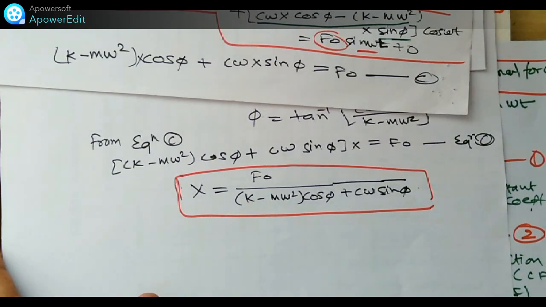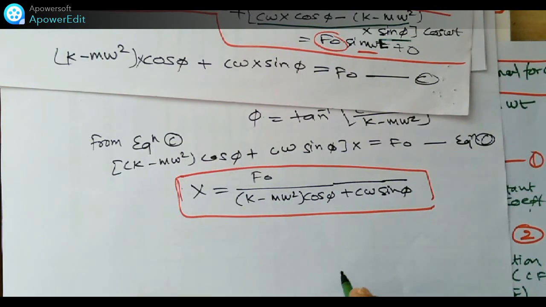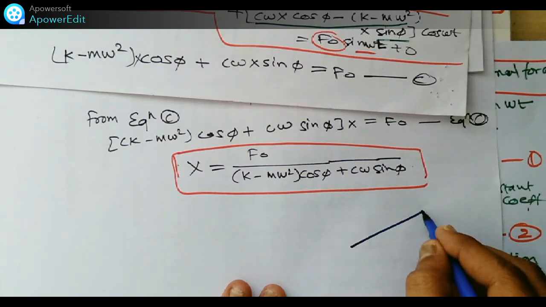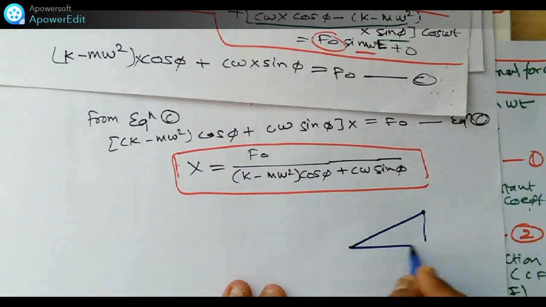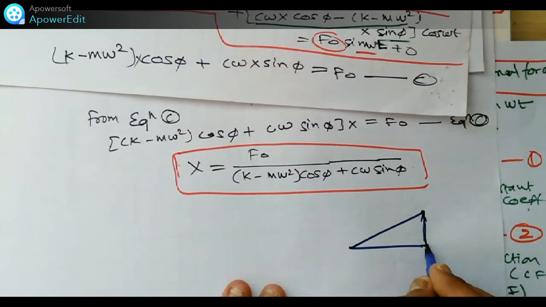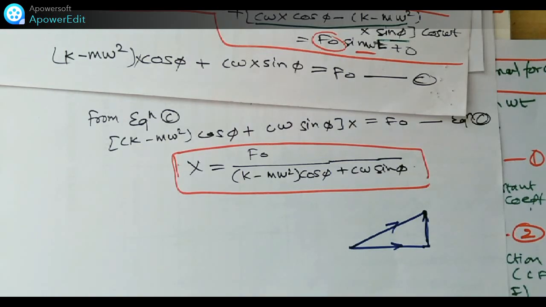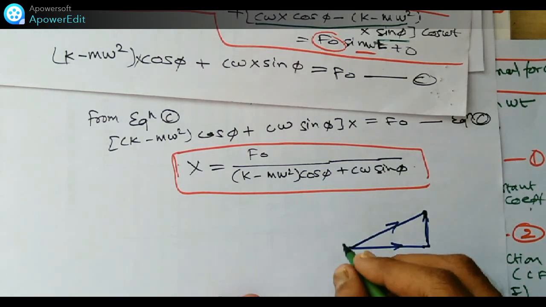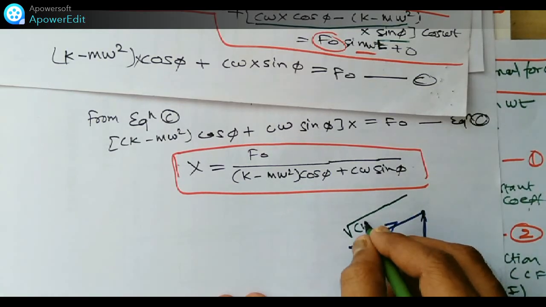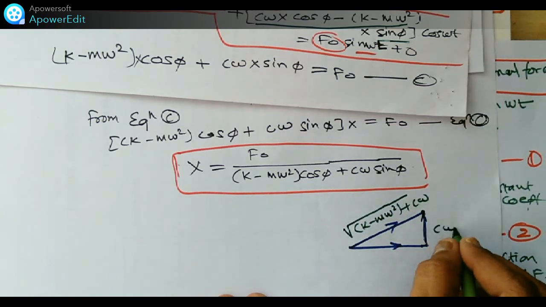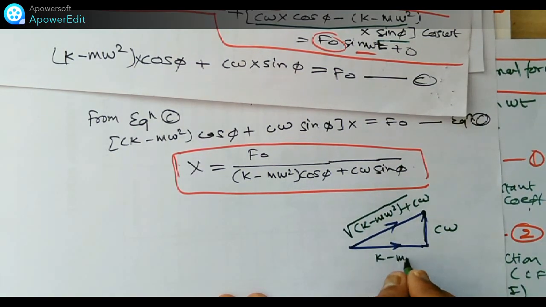Now what we have to do? We have to find out how it is there. If we draw one polygon, I will show you how it will be. It will be like this. I will draw this triangle. These forces are there. Make a triangle, and here this term is nothing but k minus m omega square plus c omega, and this is your c omega, and this is your k minus m omega square.